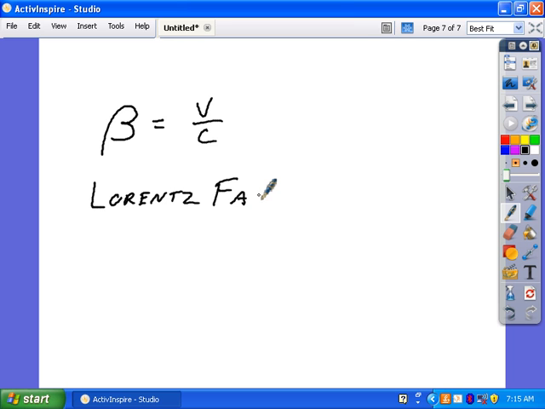With the Lorentz factor, they use the Greek symbol gamma. Gamma equals 1 over the square root of 1 minus beta squared, where beta is simply v over c, and everything else is pretty much as it is.